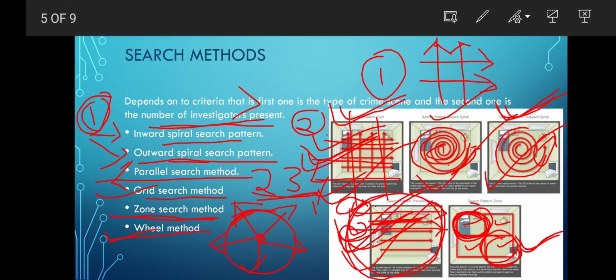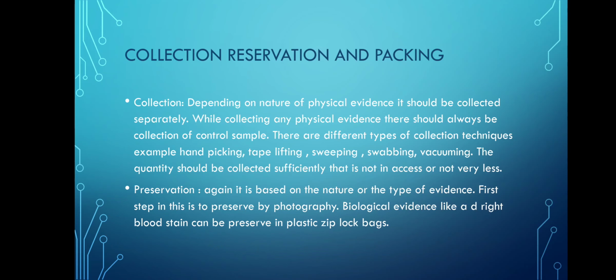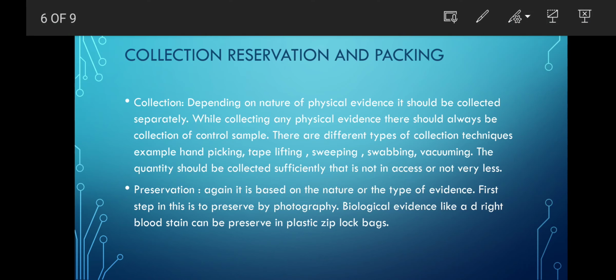Then let us move on to the next part, that is collection and preservation and packing. We'll see collection, preservation and packing of the physical evidence. First we have the collection.